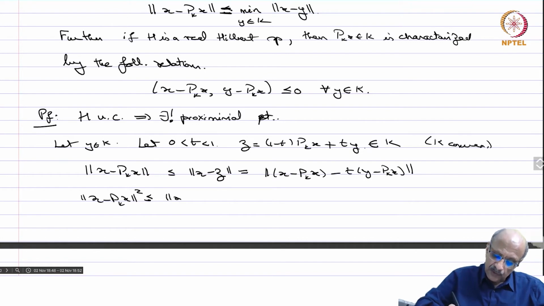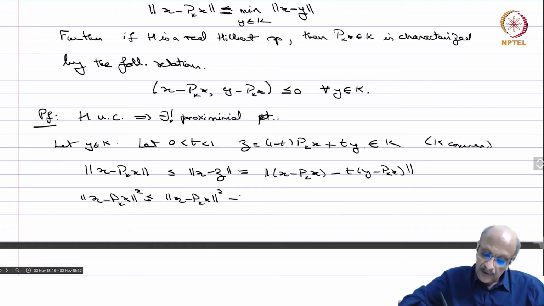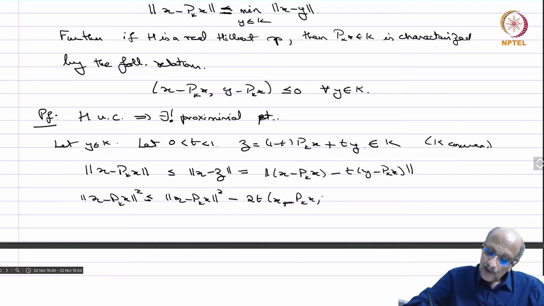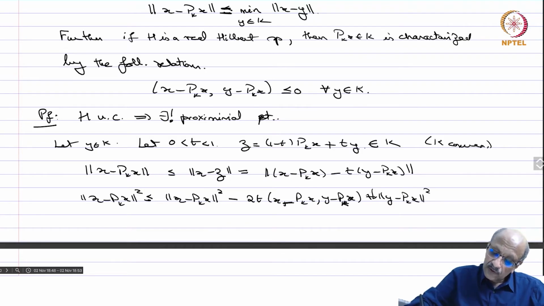So norm of x minus P_K x squared minus 2t times the inner product of x minus P_K x and y minus P_K x, plus norm of y minus P_K x squared times t squared.